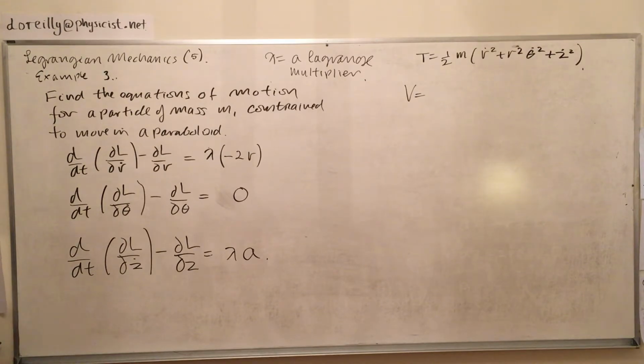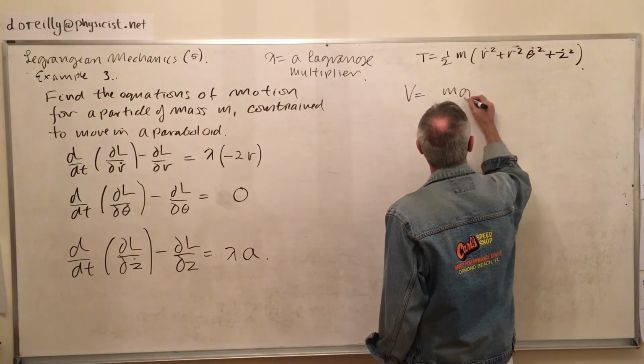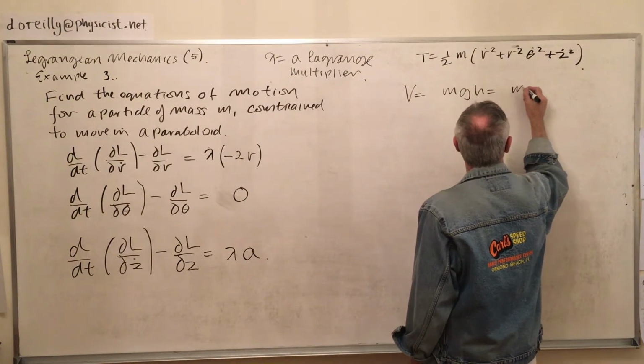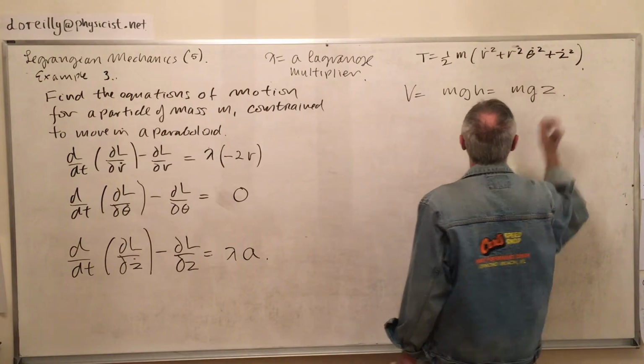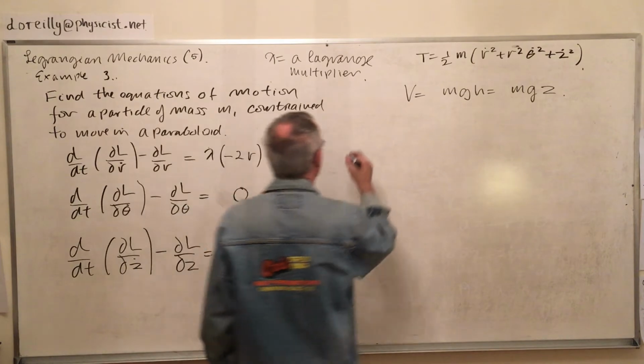Yes, it should be. Now V is just mgh, because h is z. We set the parabola on the origin. Okay, so L equals T minus V.